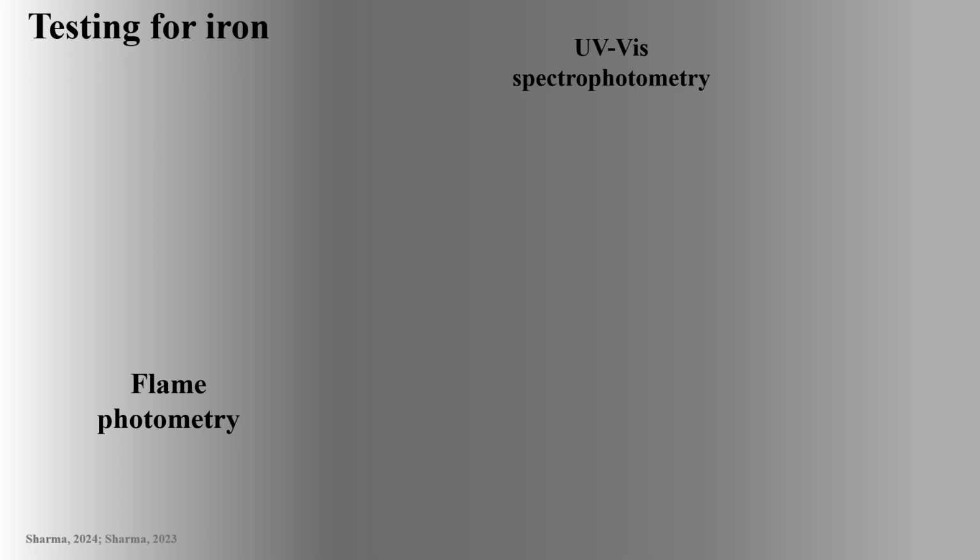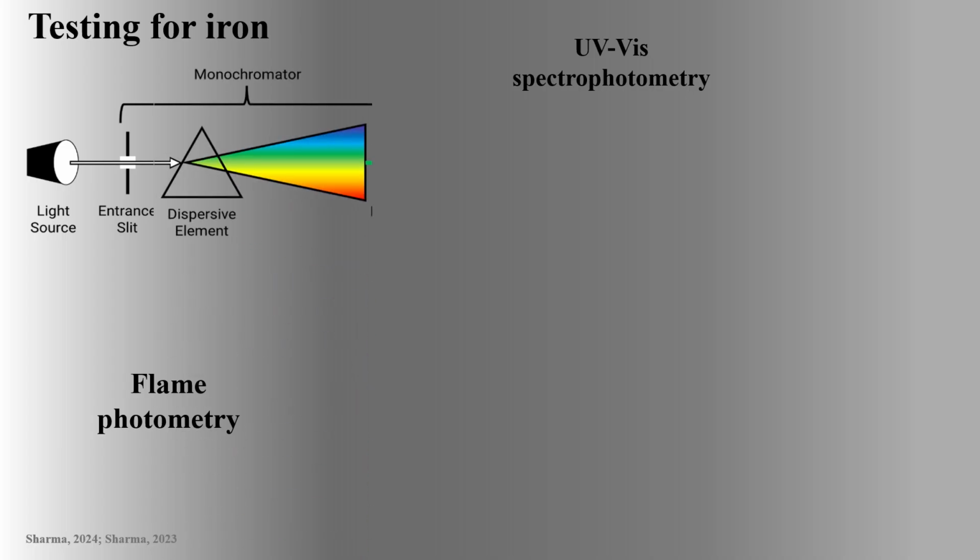So in the UV vis spectrophotometry, we are isolating the wavelength for iron. We have a light source, which is usually just a deuterium lamp or halide. Then we have an entrance slit, which allows for the light to go through, causing it to concentrate in one area.